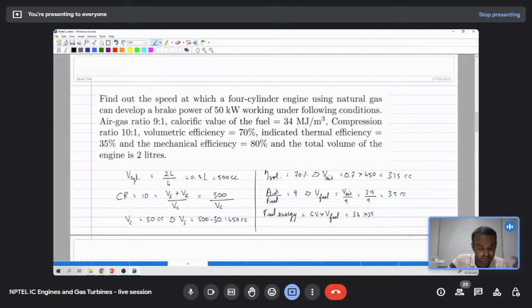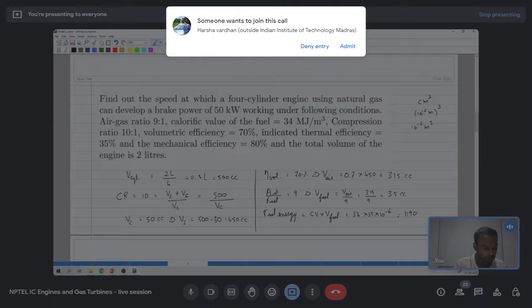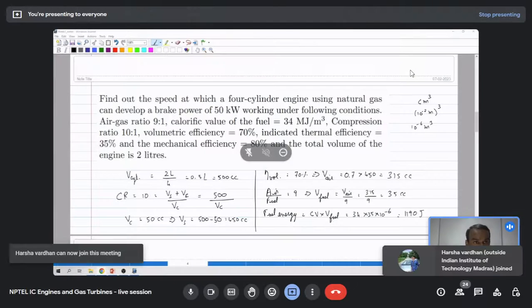Since this is in cc and I have to convert to meter cube, I should multiply this with 10 power minus 6. Now this is in megajoule, so I can take out this 10 power minus 6 and put it in terms of joules. So that is 1190 joules of fuel that is given in the engine for every cycle, for every cylinder.